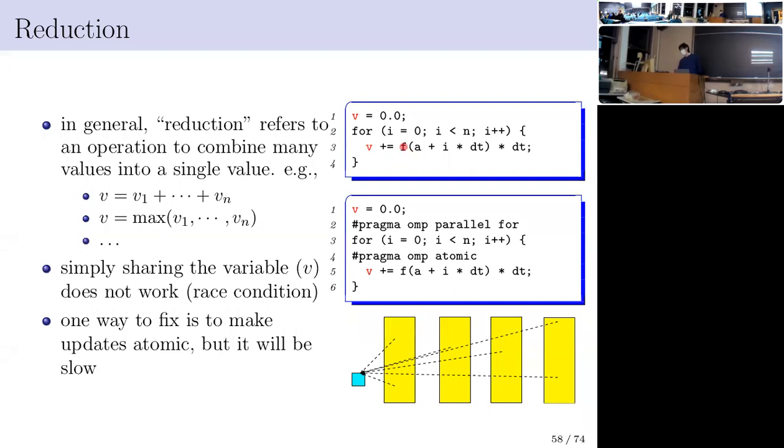Computing this f takes some time, so you want to parallelize this for loop. Then you immediately see that updating this v becomes a race condition. One way you can fix this is to introduce omp atomic, which I just explained. But reduction is better than this in terms of efficiency.